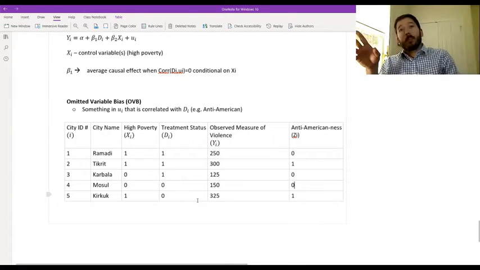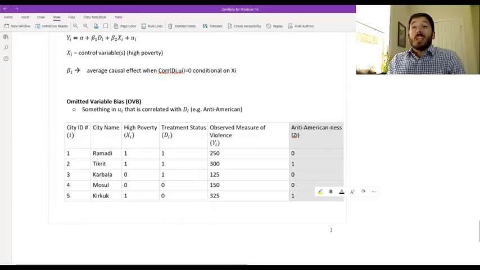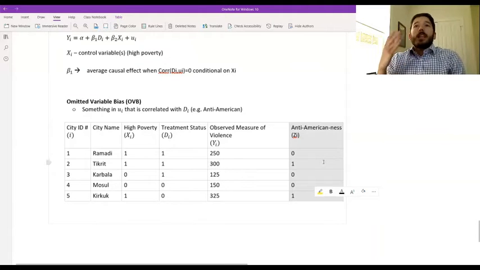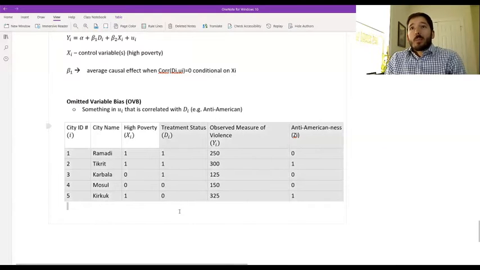Now, it's important to remember, as we talk about omitted variables, that you don't get too carried away with it. It only matters that we're not observing anti-Americanness if that variable is related to both the outcome and whether or not a city gets the treatment. If you're talking about the number of green-eyed people in the city, that's probably not related to violence, even if it is related to treatment status for some reason.